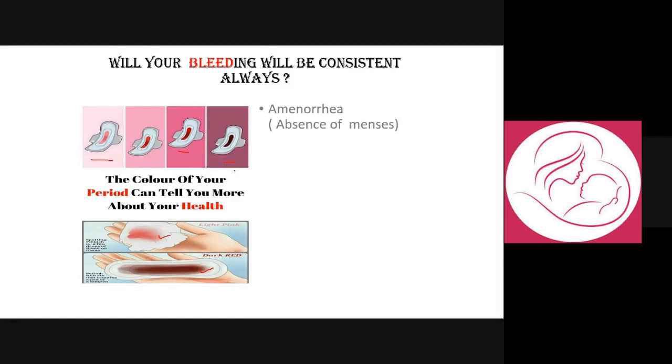Now, regarding the periods, there are three cases. One is called amenorrhea, which is treated as the absence of the menses. You are not getting your periods. On the other hand, you are getting regular periods. So if you are in this range, you are absolutely fine. And again, I would like to change this range as well, as we have discussed in the previous scenario. This can vary.